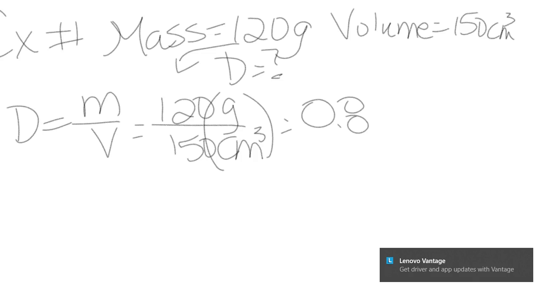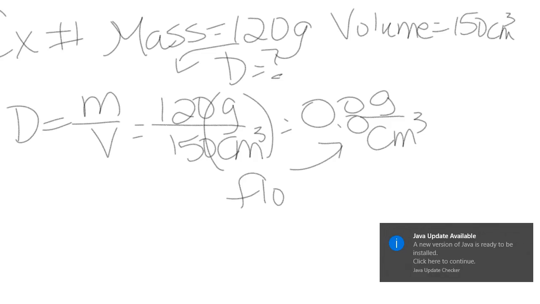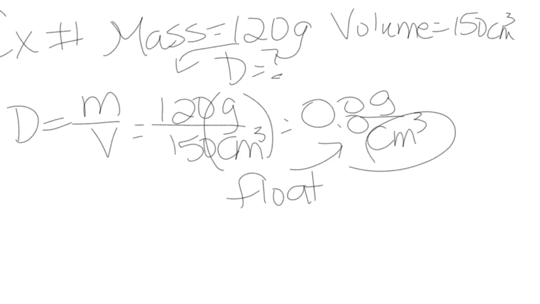Because nothing cancels out on top and bottom, my units would be grams per centimeters cubed. So would this sink or float? Well, that's below 1, so that's going to float in water. And what else do I know about this? Well, that's centimeters cubed, so that would tell me that this is a solid.